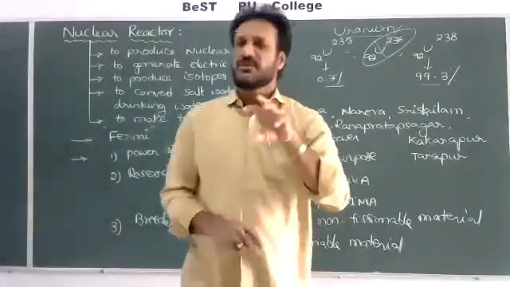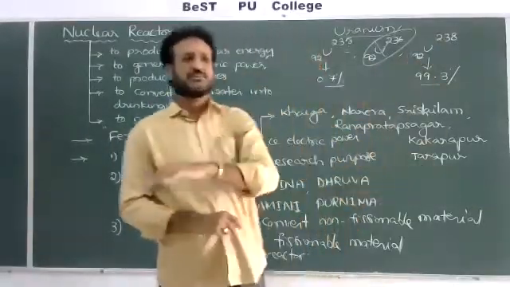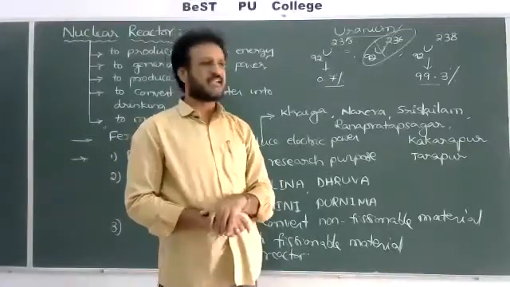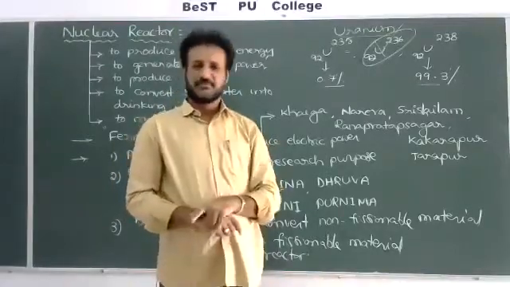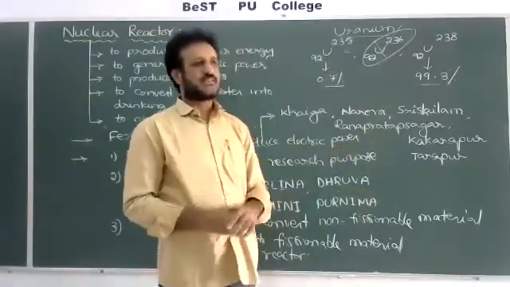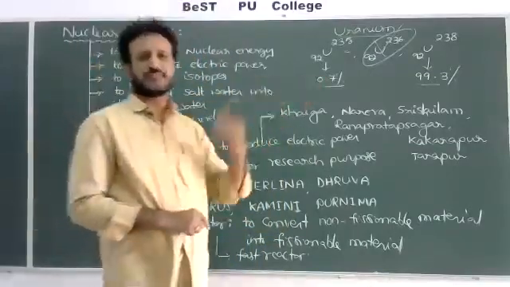So by using naturally available uranium 92-238, we can convert it into plutonium. The first man-made element in the laboratory was plutonium. Plutonium is naturally available, and we can also make it in the lab, and that's why we widely use plutonium in nuclear reactors, or generally in nuclear weapons also.